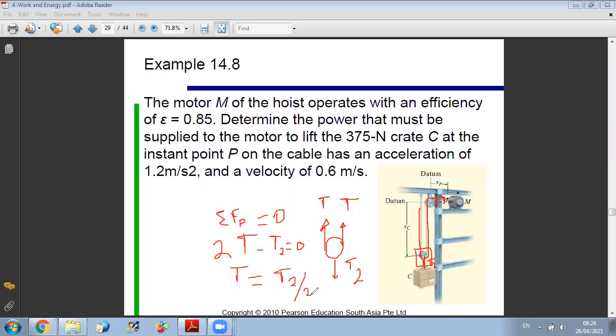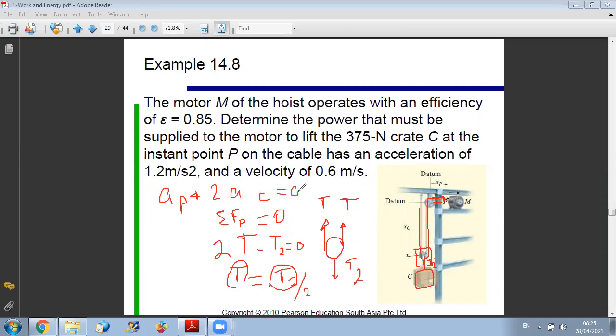And now I need to get something about the acceleration of C, because now I can write the Newton law for C to get the value of T2 and then deduce the value of T. Okay? We have already written the relation between Vp and Vc. It's the same for the acceleration. So we can write that acceleration of P plus 2 times acceleration of C is equal to 0.